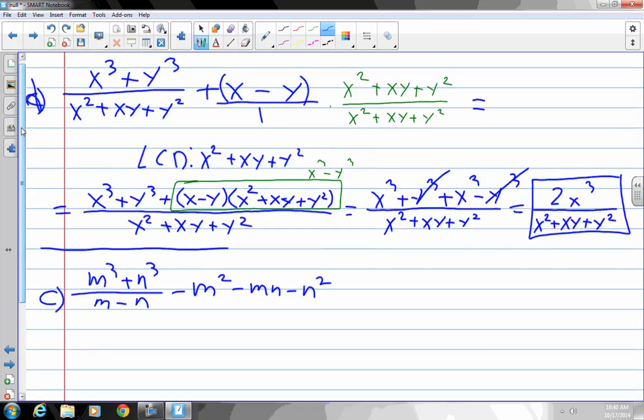So these two questions are very similar. I have a fraction, and then I'm subtracting a whole bunch of things that are not fractions. How did we treat that in the previous example? Put it over 1. Right, parentheses. So that's the whole idea. If I put it over 1, that means I'm treating all these three terms as a single entity. So if I put parentheses around that, I also have to change those signs because of the negative.